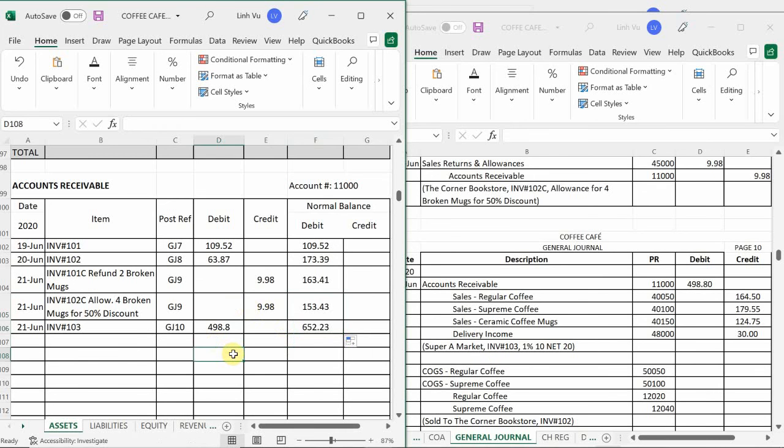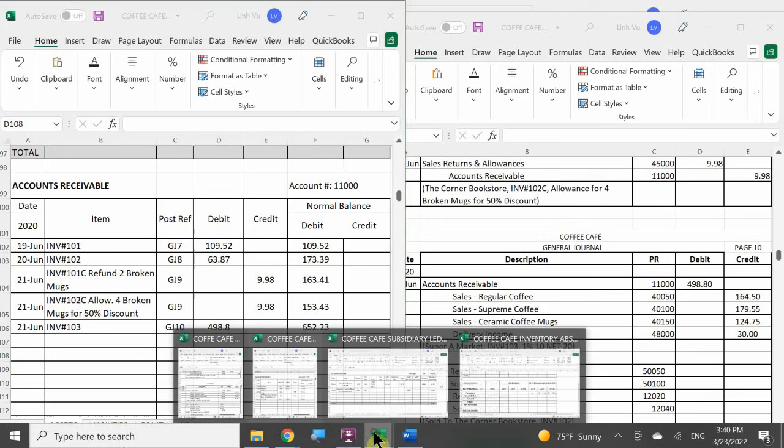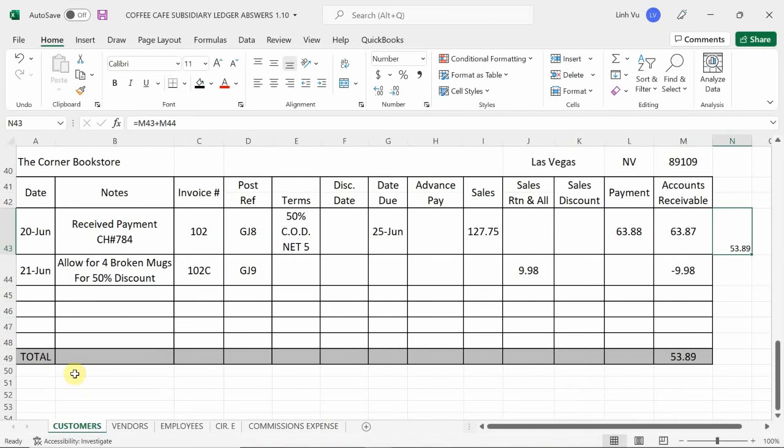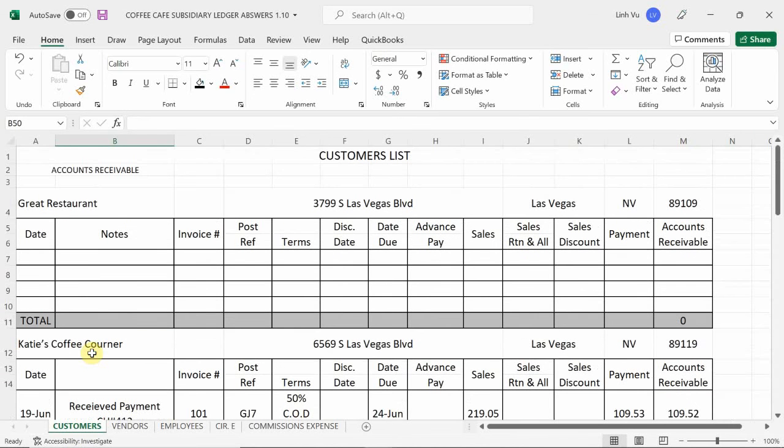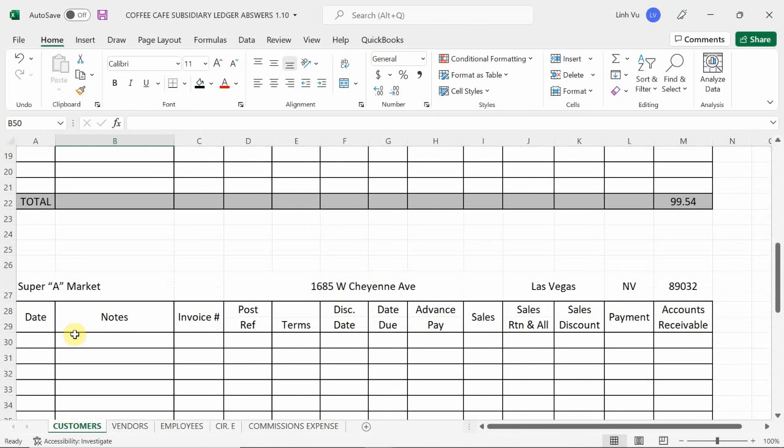Right? Now that we finished our journal and finished our ledger, what is next? Our customers and subsidiary. Yes, we got to update our customers in our subsidiaries. So Super A Market is after Katie. There they are.